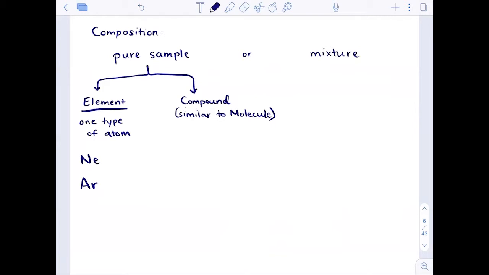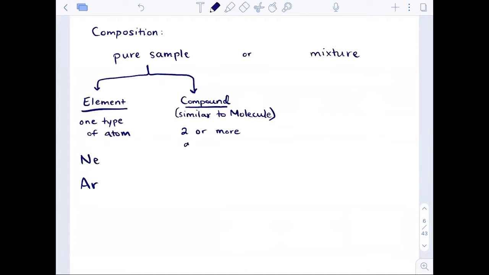Now with a compound, think about that as being the definition of a molecule, 2 or more atoms. So I'm going to write that, 2 or more atoms bonded together. We still only have one molecule or one compound in our sample. It's still a pure sample.